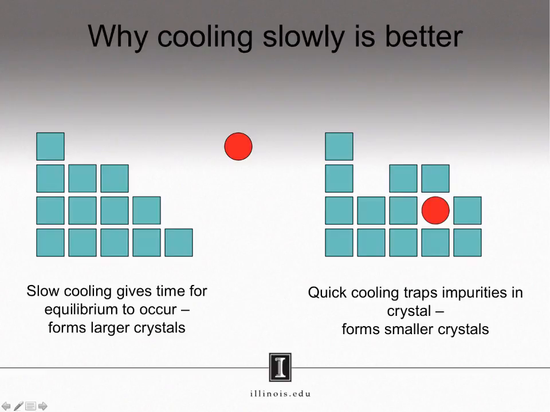This is why slow cooling in a recrystallization is much better than quickly cooling. Quickly cooling a solution will result in the trapping of impurities into the crystal lattice, which defeats the entire purpose of performing a recrystallization. Another consequence of this is we form small crystals. Small crystals are harder to isolate and are more likely to be impure.